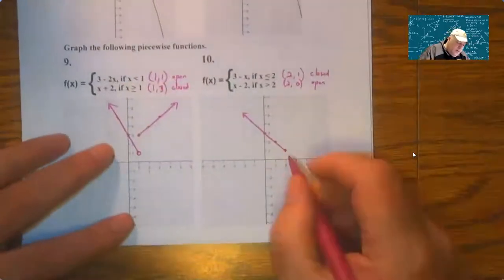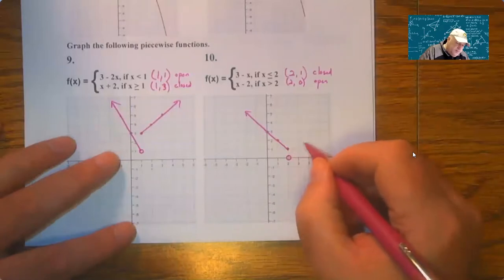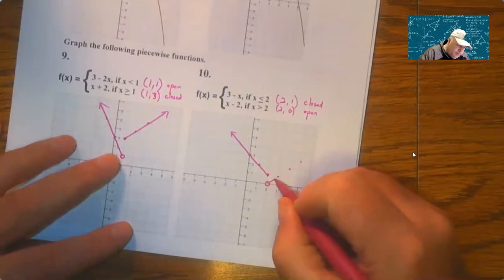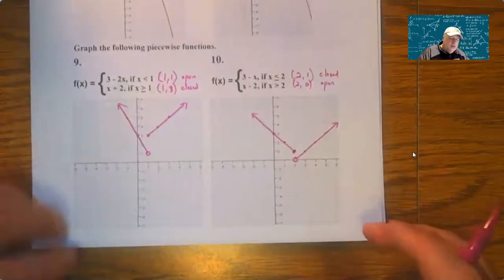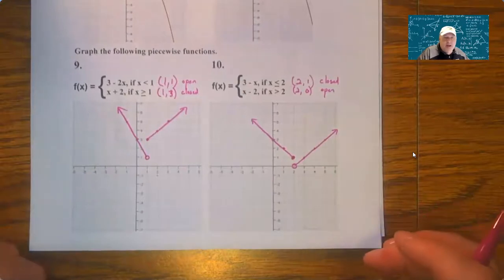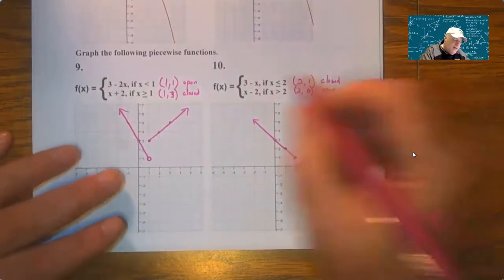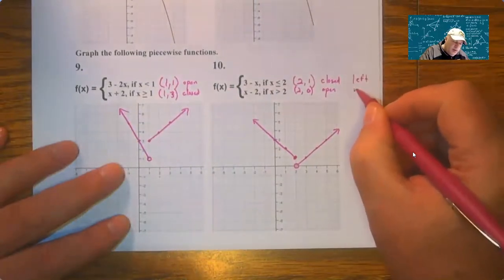And then 2, 0, open, and we need to go right of 2 with a slope of 1. So up 1, right 1 each time. So you just need to make sure you go in the correct direction. One will point one way, one will point the other. You just have to think, you know, less than is left. So these top ones are all left, and the bottom ones are all to the right.